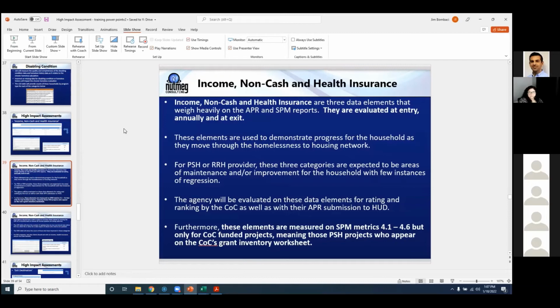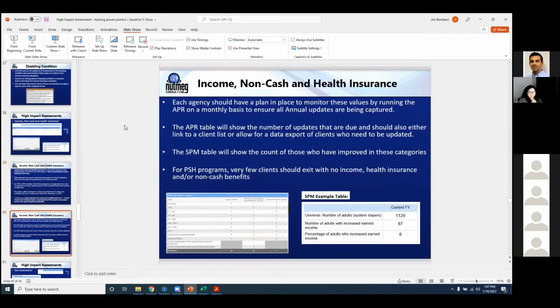The other big one that comes up a lot about this category when it comes to the APR is that the data is assessed annually based on your grant start and end date. So often people will say, well, my client had an income change, but it happened after my report end date.